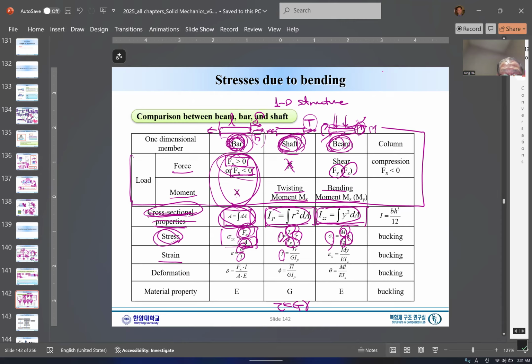This is a shear strain. Tau is actually sigma xy, and gamma you can say is epsilon xy.